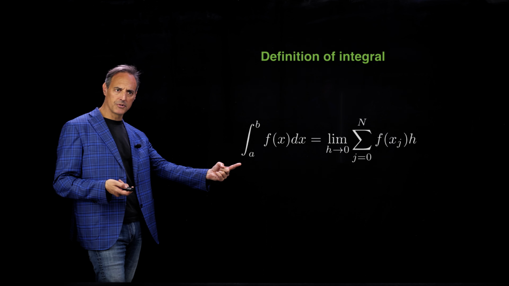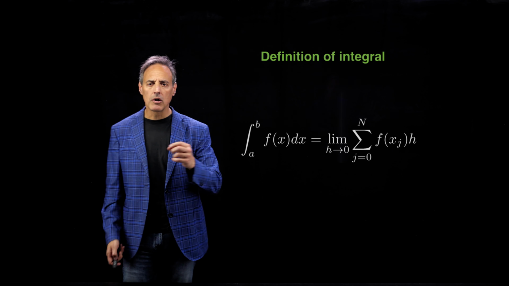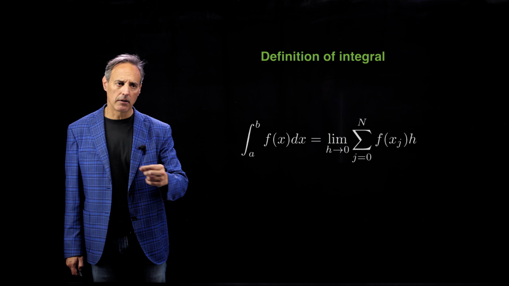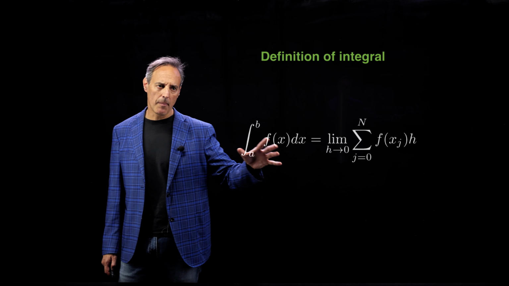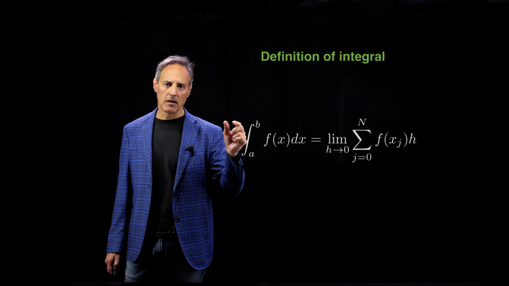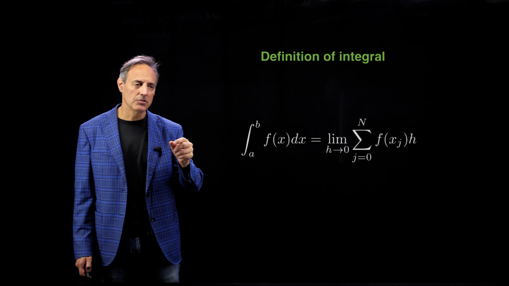The integration symbol's here. If I integrate from a to b a function f of x dx, what we learned in pretty much the very first day of integral calculus is that this is representing a sum of, typically, little rectangles.